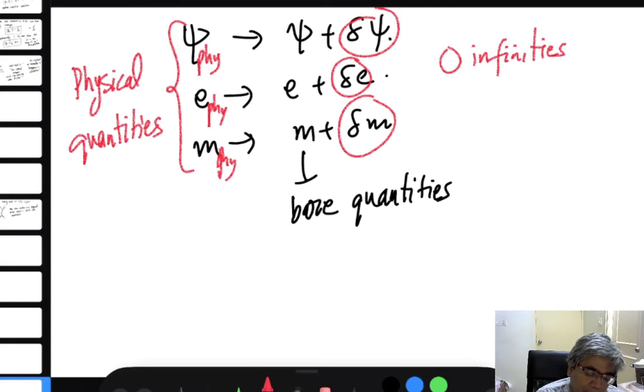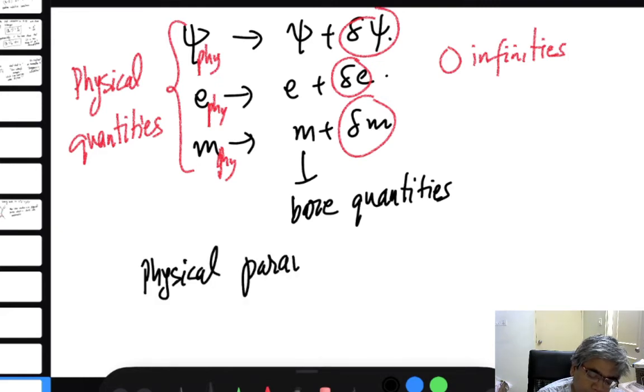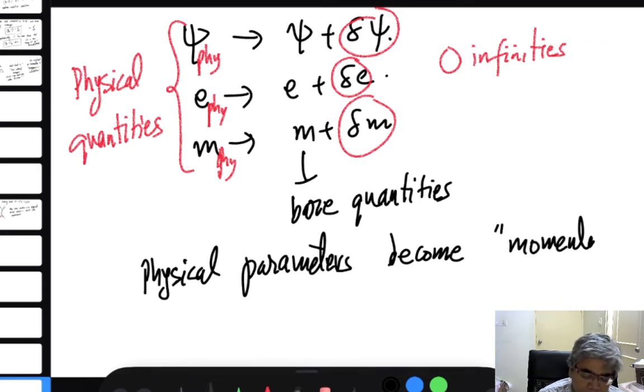But what happens at the end of this process is that these physical parameters become something called momentum dependent. The physical quantity is dependent upon the momentum of probing.